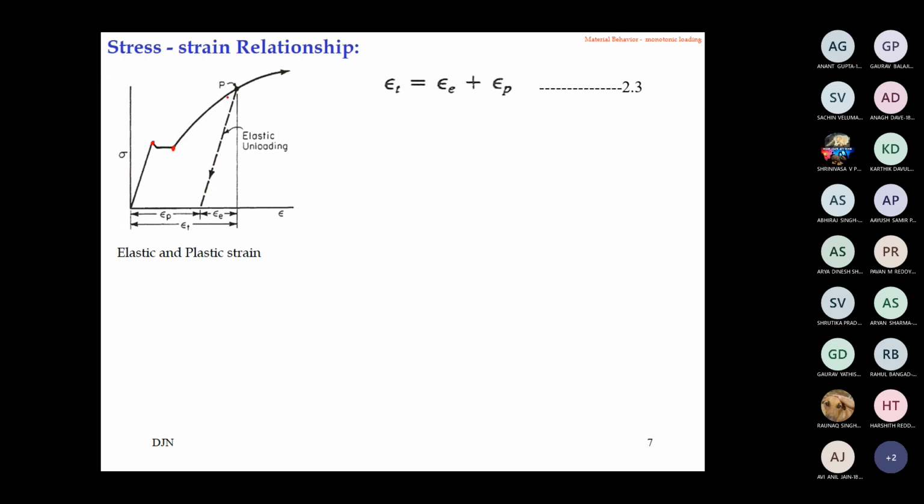And if you fully release the load from there, for example, starting from 0, go on loading or stressing the component till you reach point P, and at point P, unload the component, release the loading. Then what happens?